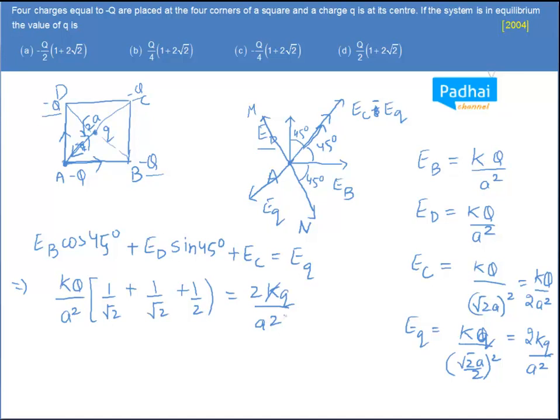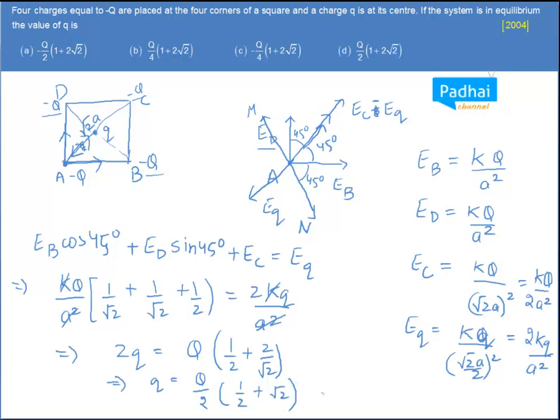So we can cancel out k and a square from both sides. So it implies 2 small q will be equal to capital Q into 1 upon 2 plus 2 upon root 2, right? So that means Q will be equal to Q by 2 into 1 upon 2 plus root 2.